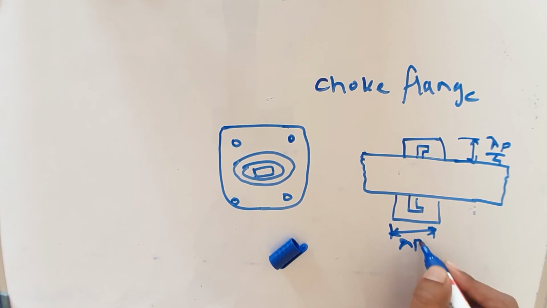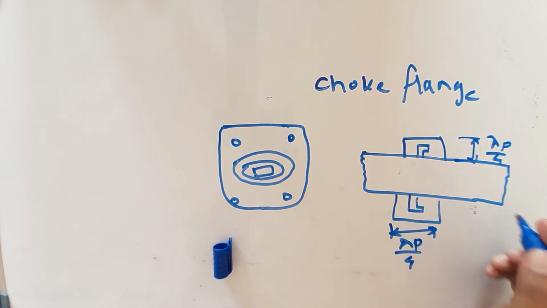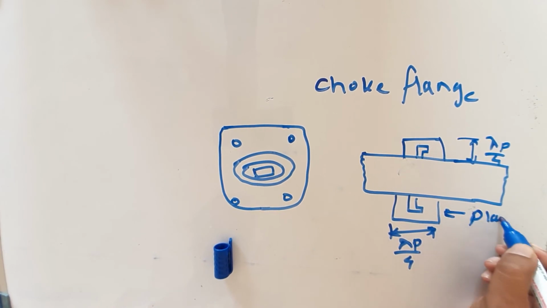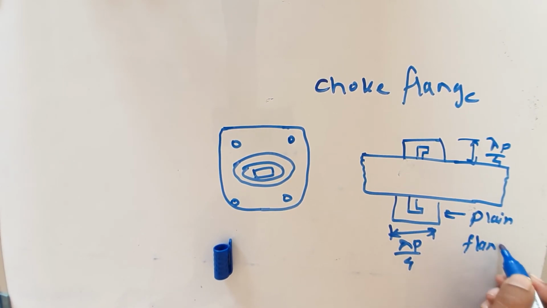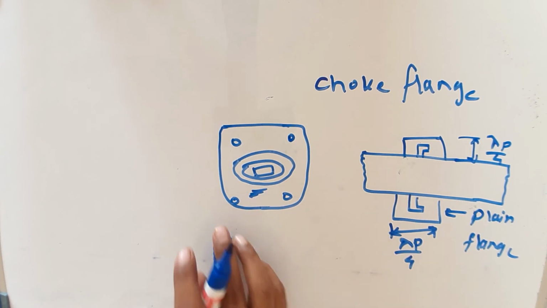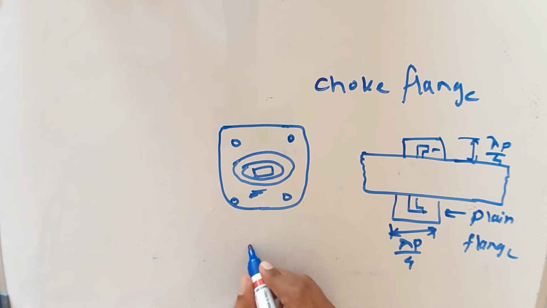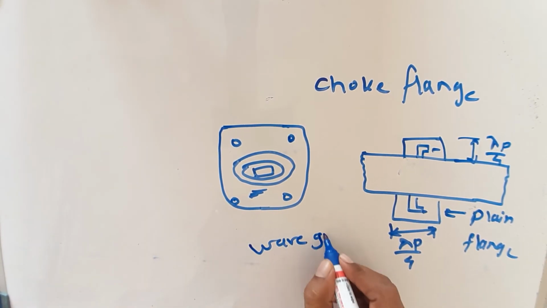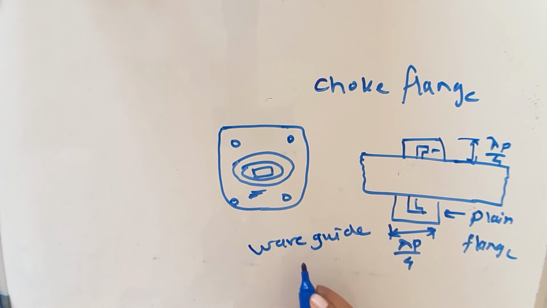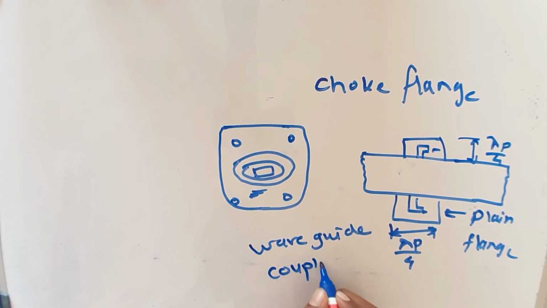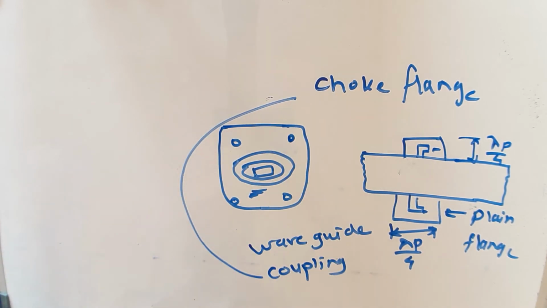Students will draw this plane flange. In that we have this choke flange. This one will be used for waveguide coupling. The plane flange is not used for waveguide coupling; it is used for joints. Waveguide coupling is done with the choke flange.